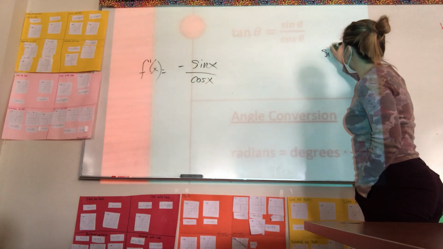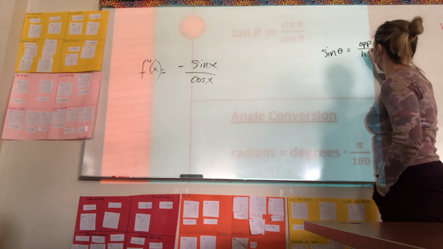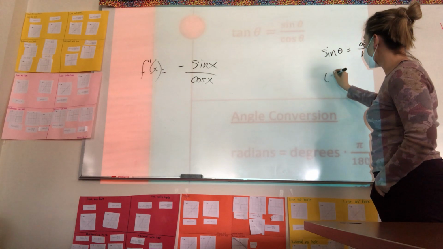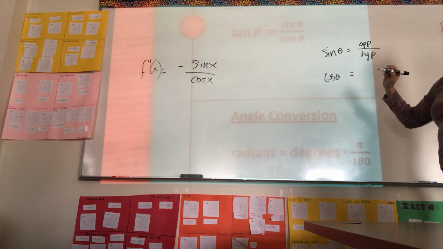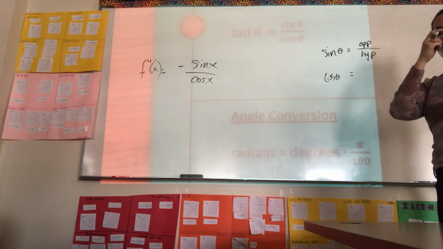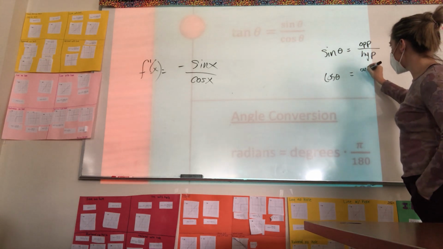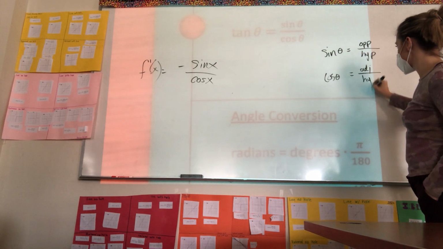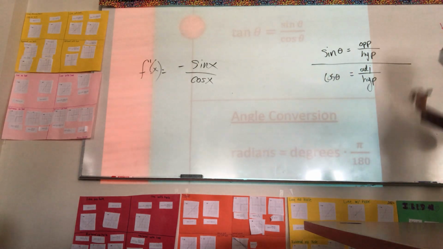So you know how sine of theta is opposite over hypotenuse, right? And cosine of theta is what? We're doing SOHCAHTOA. Adjacent over hypotenuse. Everybody, I want you to pay attention. So sine over cosine.